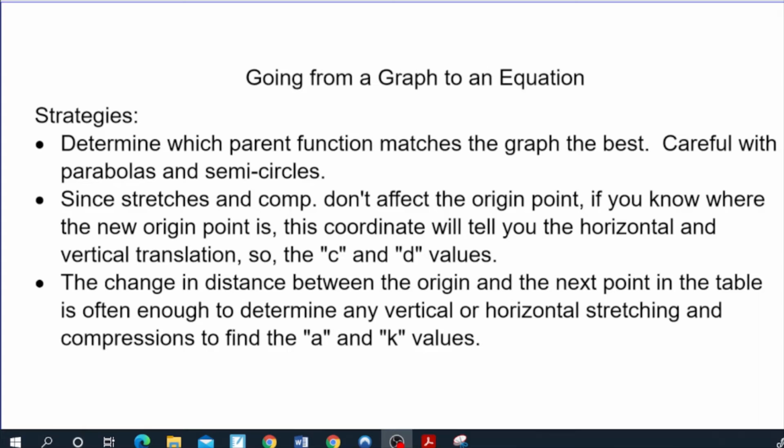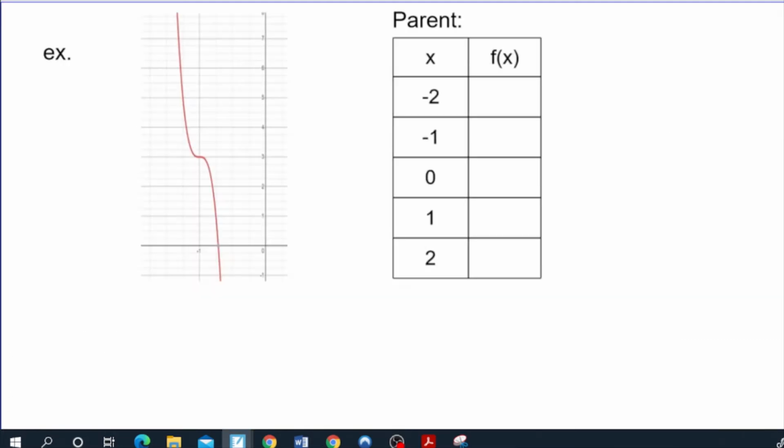So if you can find where that point has moved on the transformed graph, and figure out how far horizontally it is and vertically it is, that is usually going to represent the stretching and compressing value of those 2 points. So again, that'll make a little bit more sense when we look at an example, but that is going to be the way that we're going to figure out our A and K values. So let's go see how we can apply these strategies to an actual situation.